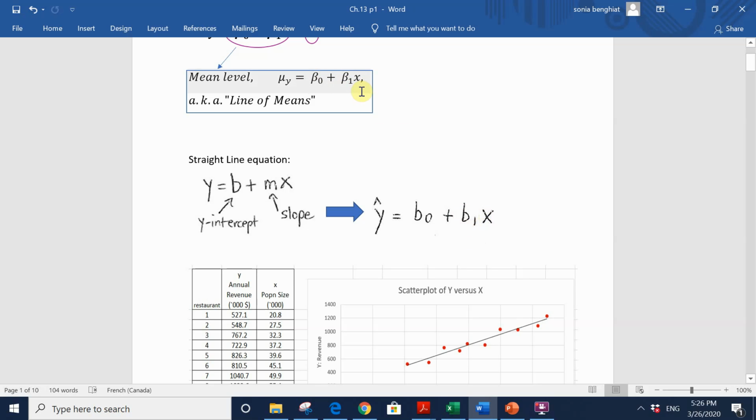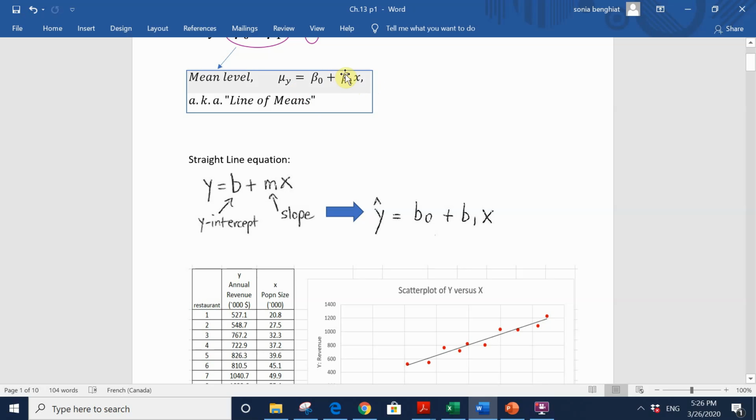Okay, just a quick little review as well on slope, and that is that you can interpret the slope here as being a measure of the change in the mean value of y for every unit increase in x. So if my beta 1 is positive, then the change in the mean value of y, or of the mean level, for every unit increase in x will be positive.